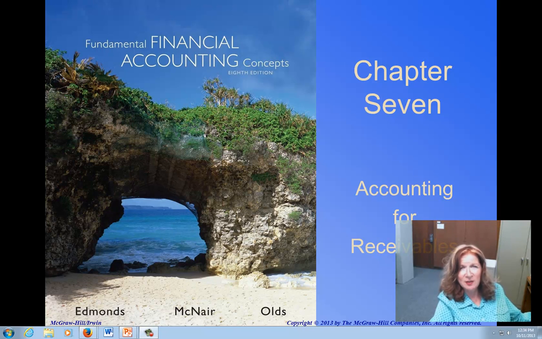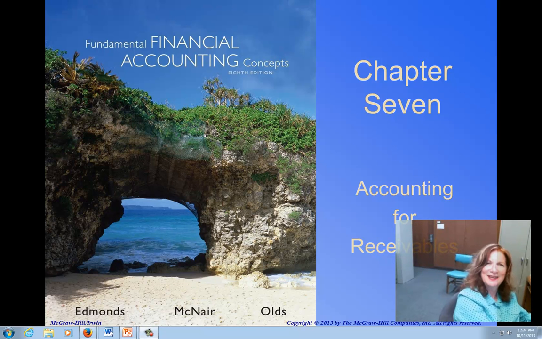It's a contra to the asset accounts receivable, and it's used to drive down the accounts receivable to its cash equivalency value. So we're using it to credit. It reduces the accounts receivable down to the net realizable value, how much cash you really expect to collect on those accounts receivable. And then it shows you again how to present it in the balance sheet.